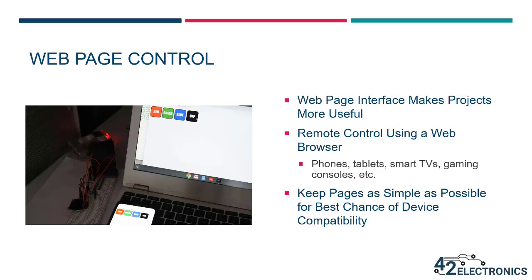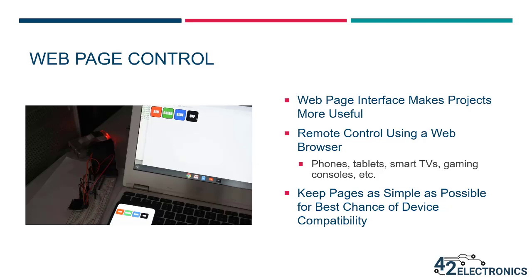The ability to control a project with a web page interface can make a project much more useful. Instead of controlling a program or hardware with a keyboard or mouse connected directly to the Pi, you can make the program control available to any device on your home network that can launch a web browser. These types of devices might include phones, tablets, smart TVs, gaming consoles, or any other device with a web browser.